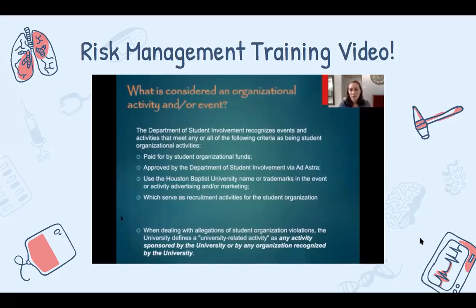So even if you're using your social media account and it has HBU in the name, that is considered an organizational event or activity, whether it's on or off campus, and anything that serves as recruitment activities for the student organization. So if you're trying to recruit more members and you're using that event, then it is considered an organizational activity or event on or off campus.